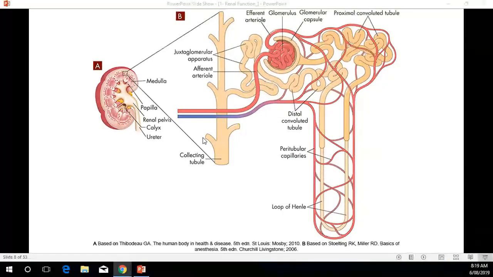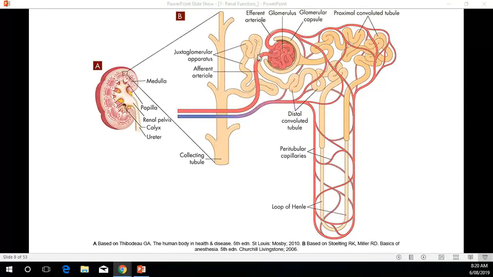Make sense? Do you note one thing over here? This distal tubule comes very close to the renal corpuscle. It has a very important functional significance. These cells in the distal tubule actually come very close to the afferent arteriole before it enters the glomerulus or the Bowman's capsule.